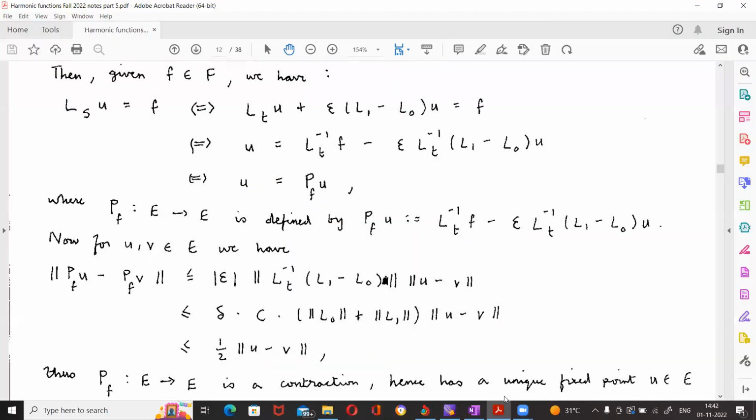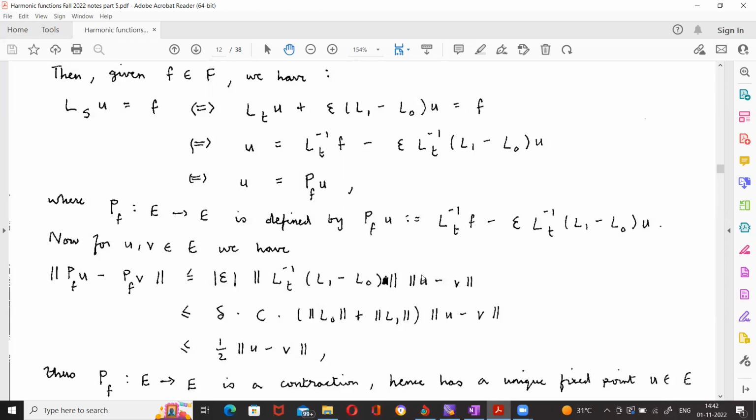Okay. So we defined this operator. We've written this equation LS U equal to F as a fixed point equation, U equal to P sub F of U, where P sub F is an operator from the Banach space E to itself. P sub F of U is LT inverse F minus epsilon LT inverse (L1 minus L0) U. So look at P sub F U minus P sub F V. So then this LT inverse F, this is constant.